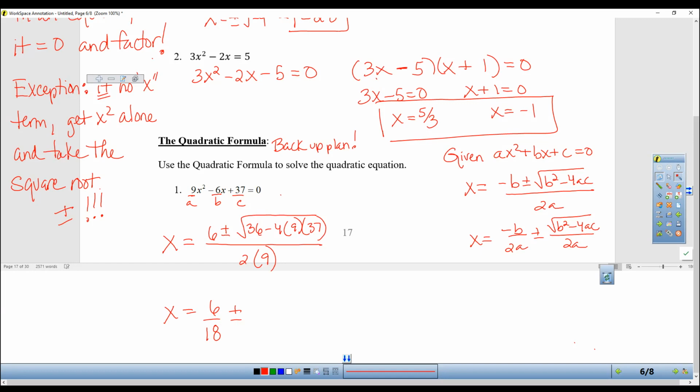So let's see, what do we get underneath this radical here? 4 times 9 times 37 minus 36, negative 1296 all over 18. So you can see if that's a perfect square just by checking on your calculator.